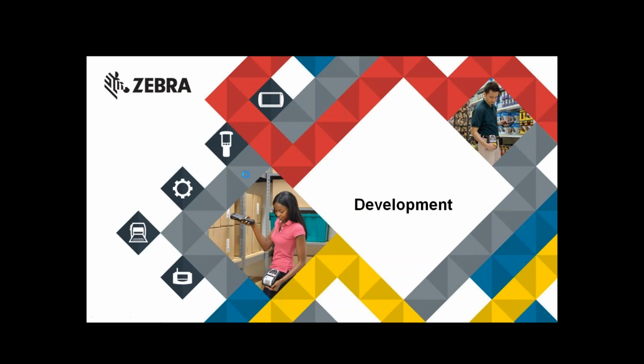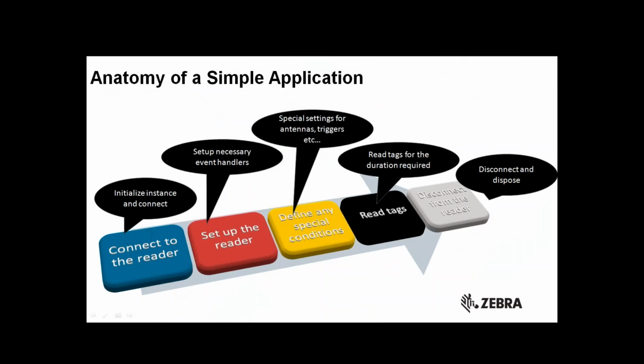When you're writing an RFID application, these are some of the steps that you follow in building your application. The first step would be connecting to the reader. The reader can be a fixed reader or a mobile reader. Then set up any of the events that the reader should be acknowledging.